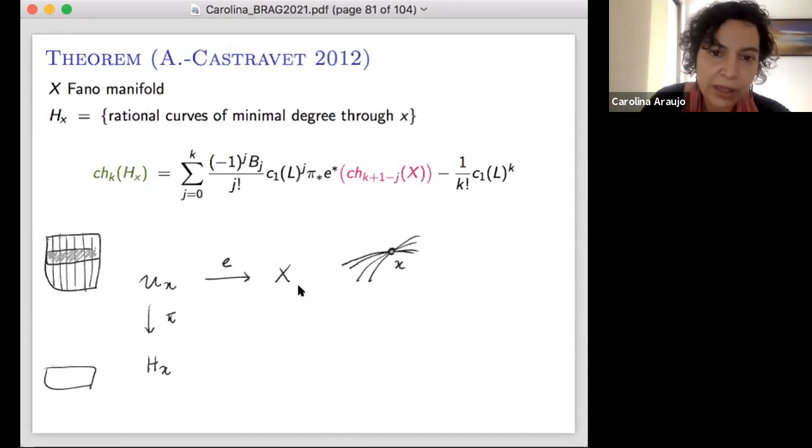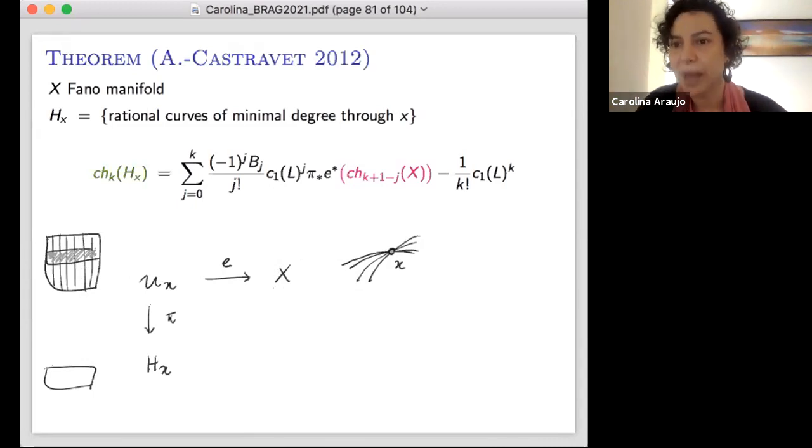If you take some vector bundle on X, such as a line bundle or a tangent bundle, one can often pull back to U and then push forward to H_X to construct classes on H_X.